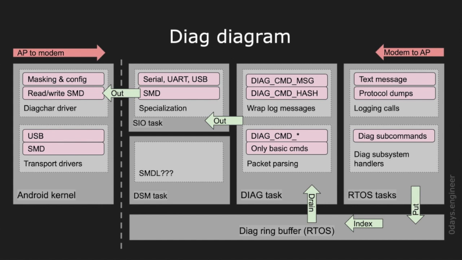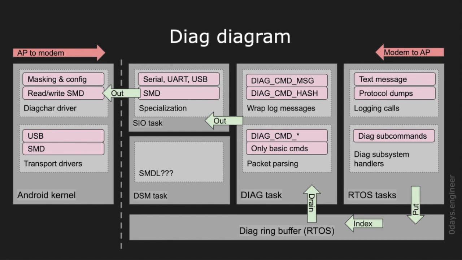The main interface that I was dealing with is the shared memory, which ends up in the Diag driver inside the Android kernel. So in case of sending the commands from the Android kernel to the baseband, it will be the reverse flow.